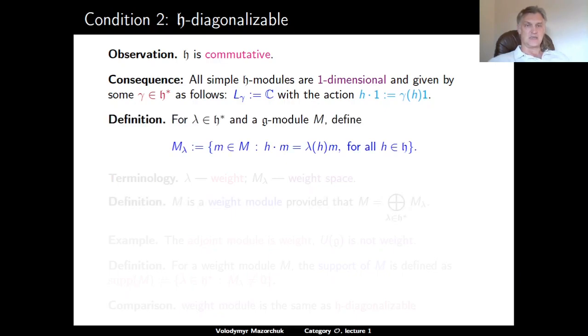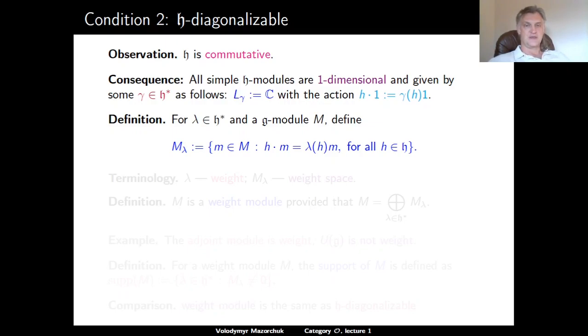This allows us, for any linear functional lambda on h and any g-module M, to define a subspace M_lambda inside M as the set of all vectors m in M such that the action of h on such a vector is given by lambda(h) times this vector.